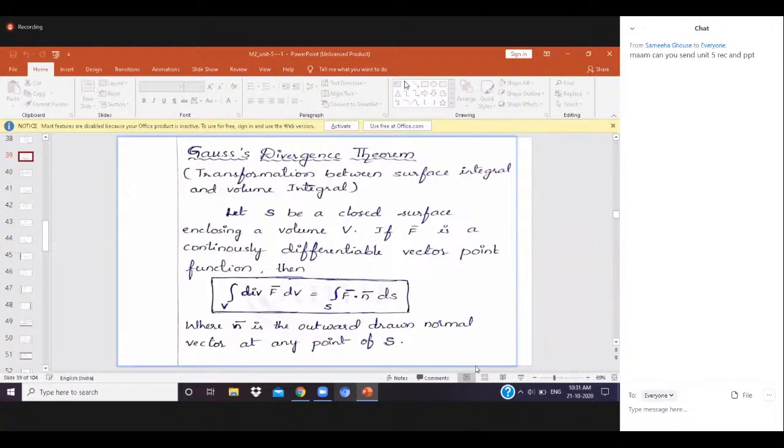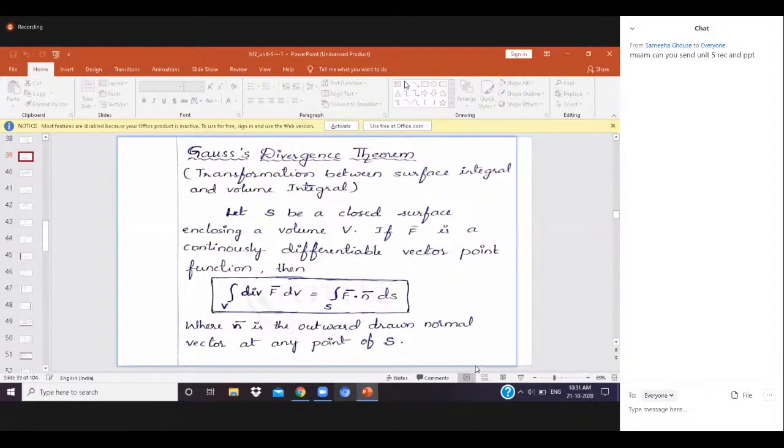For that we consider S be a closed surface enclosing a volume V. If f bar is a continuously differentiable vector point function, then integral V divergence of f bar dv is equal to integral S f bar dot n bar ds, where n bar is the unit outward drawn normal vector at any point of S.